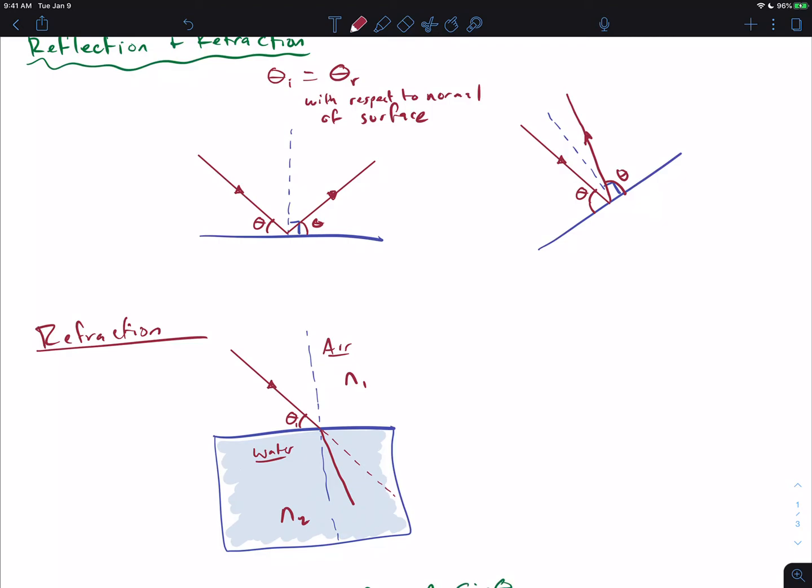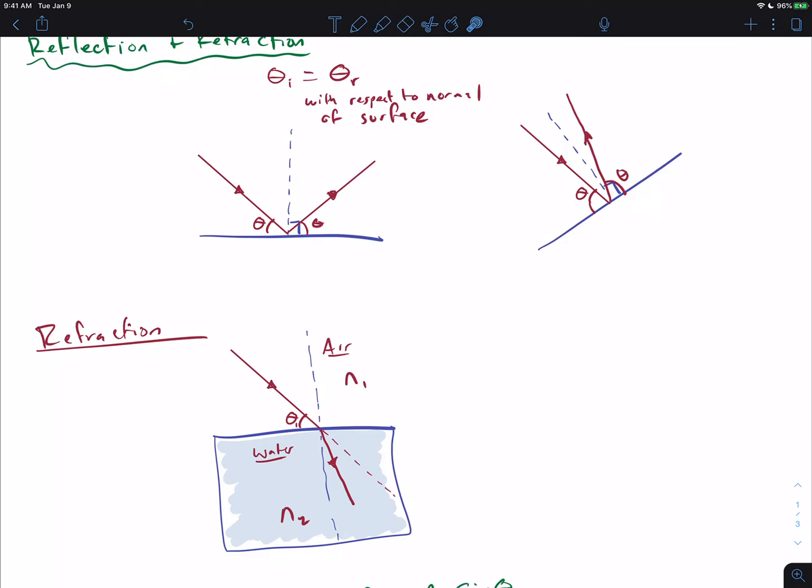In this case, it doesn't travel in a straight line. It was traveling in a certain line, and now it's bent. It still travels in a straight line in water as well, but there's a bending point at this surface.